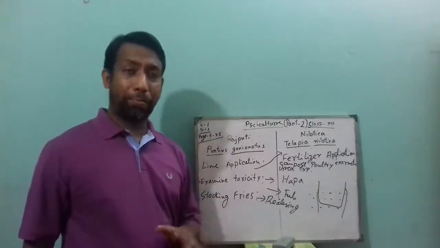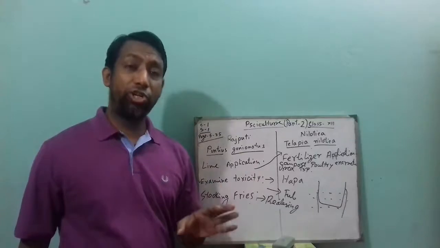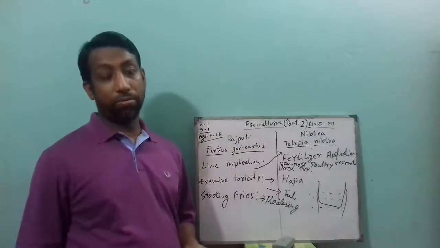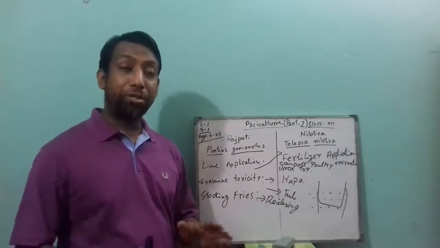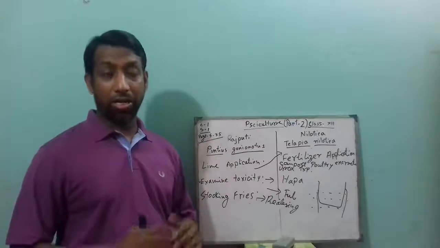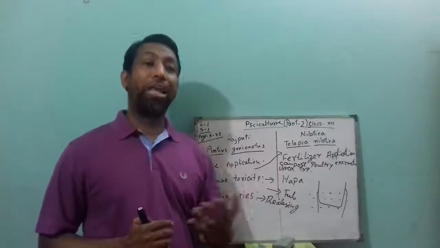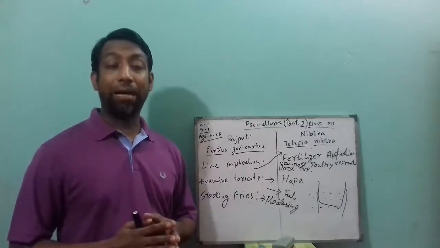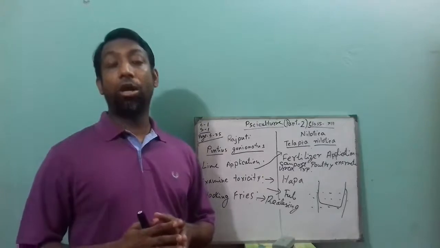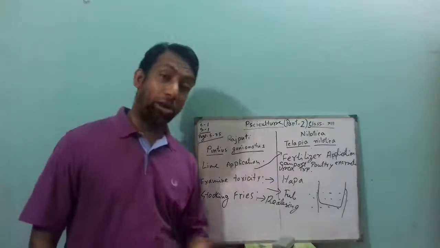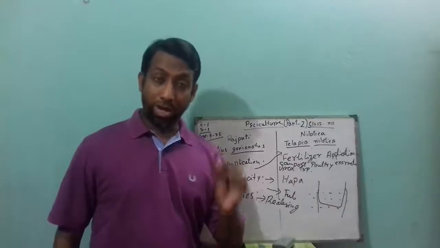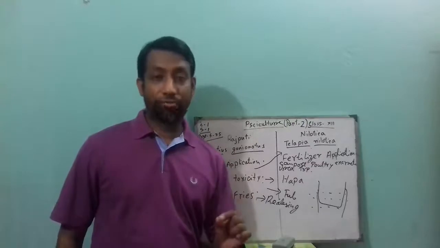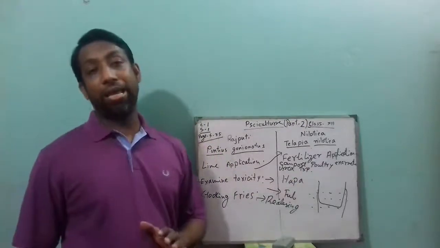And when you release them, make sure you do not release all the fries together in the pond. You have to adapt the fries to the pond water, because the fries you collect from the hatchery or somewhere else are not adapted to your pond environment. So you should match the fries with the pond environment.